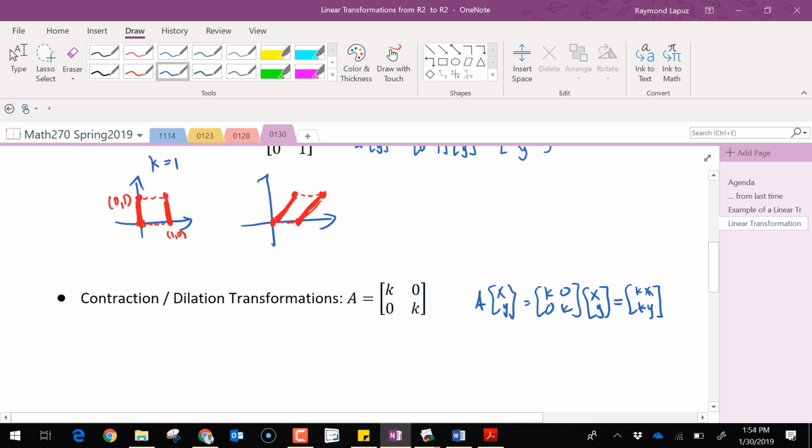So just kx and ky. So it looks like your points are going to double. If we take a look at it as vectors, it's going to get scaled by that vector going outward.